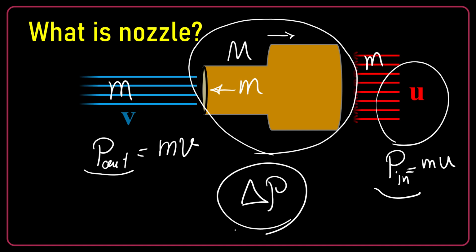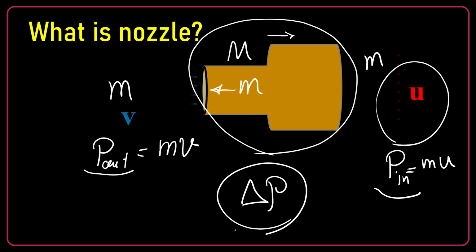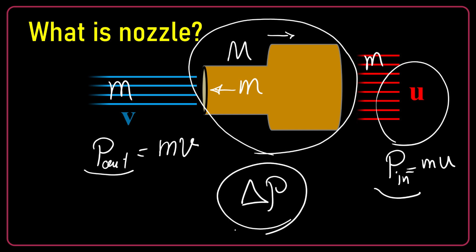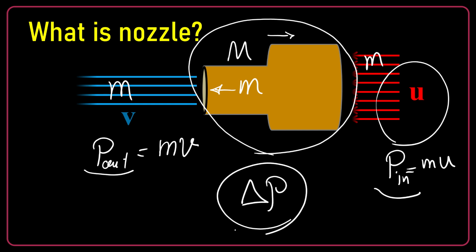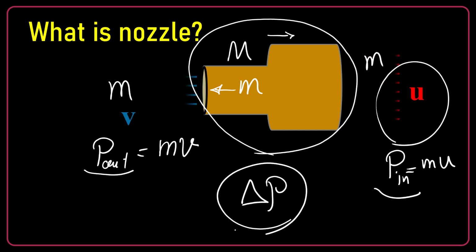The change in momentum of the water and the change in momentum of the hose must be equal. They should cancel each other according to conservation of momentum. So the action that the tube, the nozzle, gives to the water results in a reaction on the nozzle, and that reaction will push the hose back. It's very interesting, and it's called the nozzle effect.